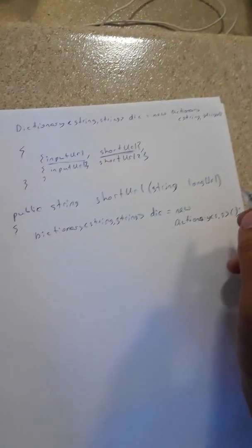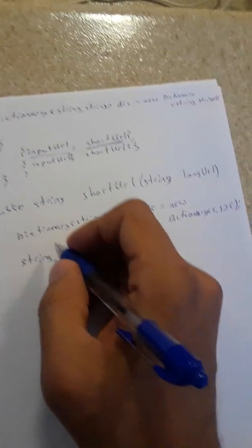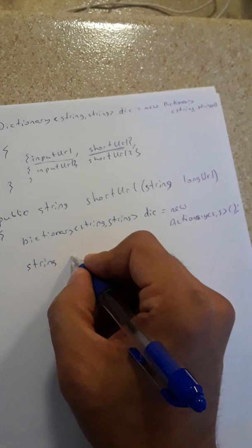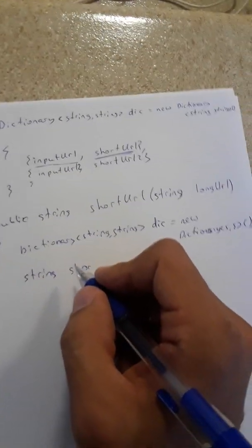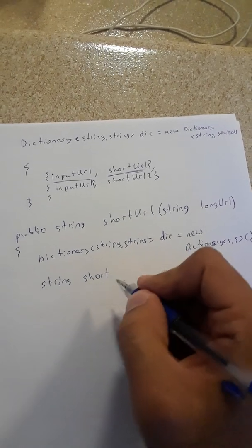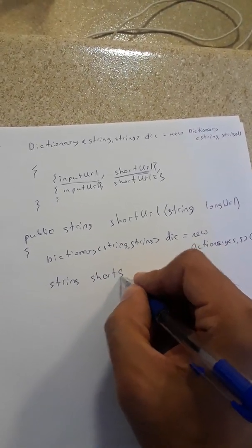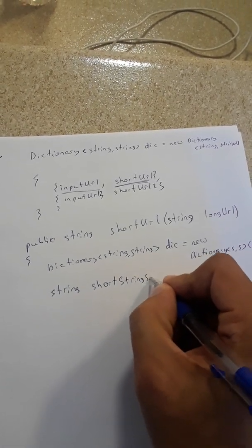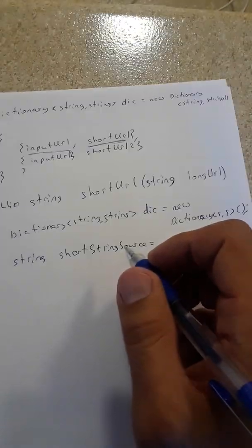After that I will declare another string which will contain just characters for generating a new short URL. I will call it short string source. By using the characters from this string, we will generate a new short URL.